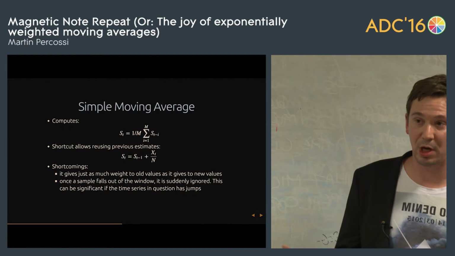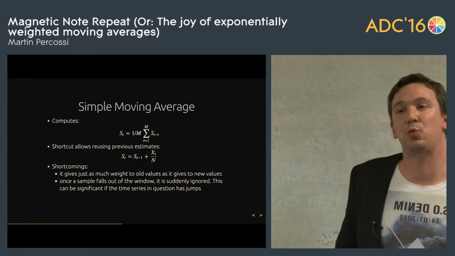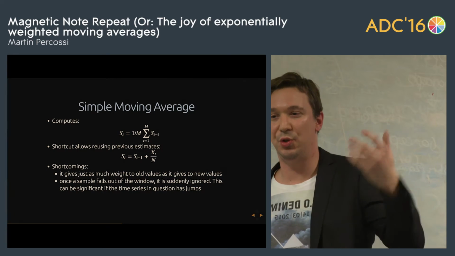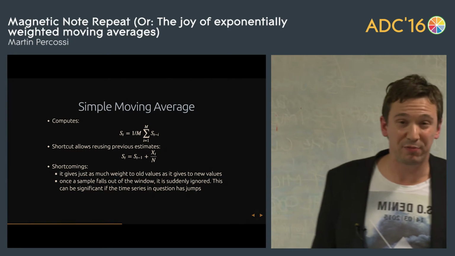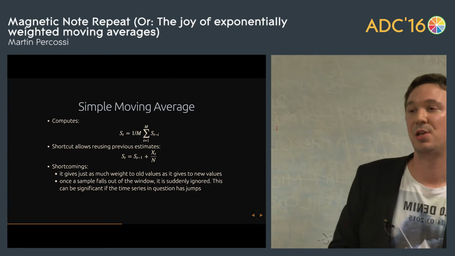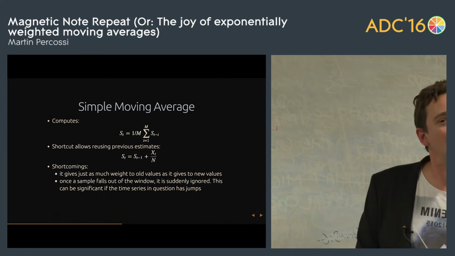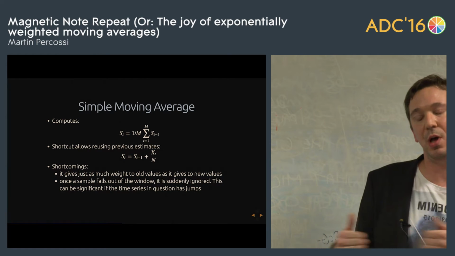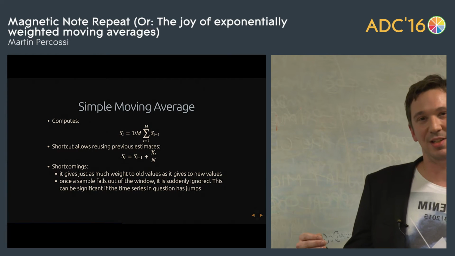The shortcomings are that it gives too much weight to the old values, and it doesn't give enough weight to the new values. For example, in finance, simple moving averages are not really used that much because you have this dilemma: if I use too long a series, the curve is too smooth.